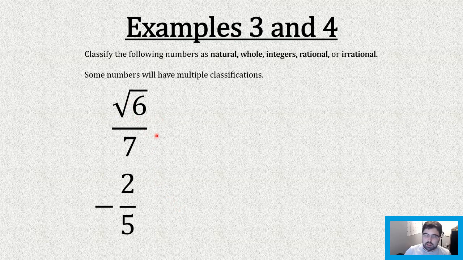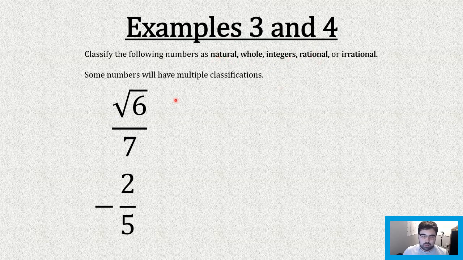Now, getting a little bit more interesting. Square root of 6/7. Well, it's a fraction. Some people are going to say rational because they see a fraction. And that's wrong, because that's square root of 6, and square root of 6 is not an integer. In order for this to be a rational number, and by the way, why am I jumping to rational? Because I saw a fraction, and rational means ratio, which is a fraction. So we've skipped over all these other ones, natural, whole, integers.